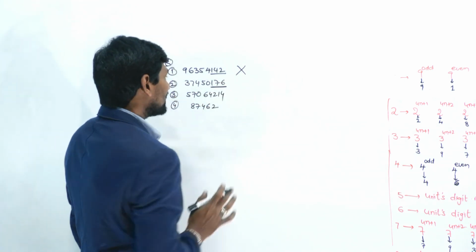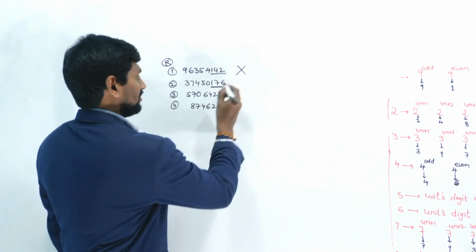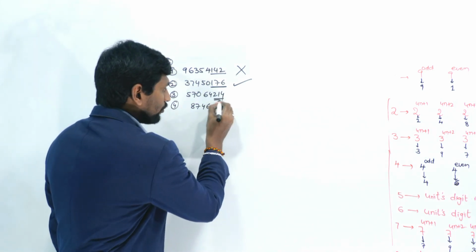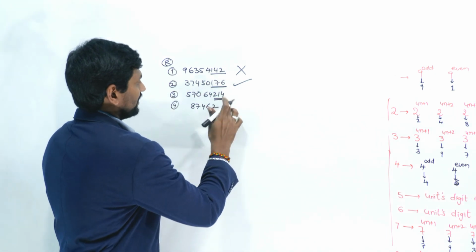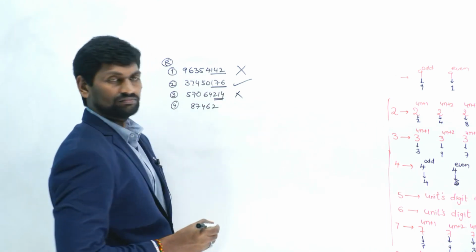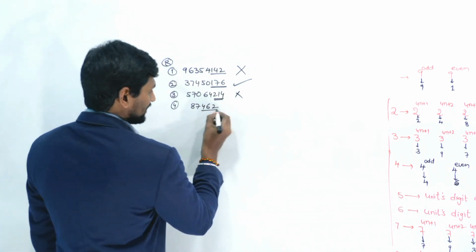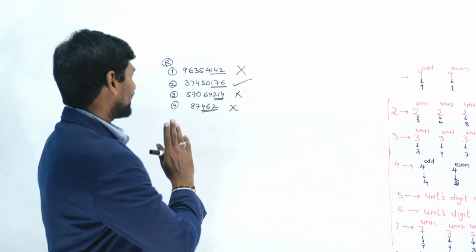Yes, 176 is a multiple of 8, exactly 2 times 88. It is divisible by 8. 214, it is not exactly divisible by 8. 462 is also not a multiple. So our required answer is the second option.